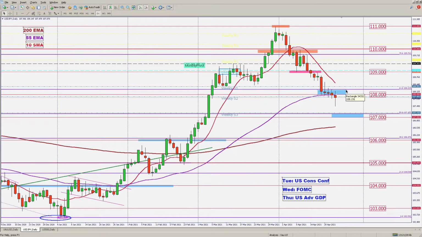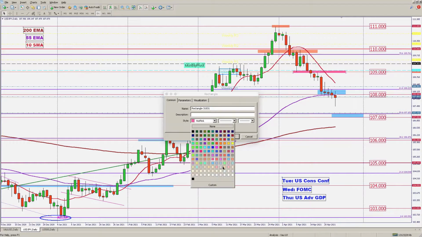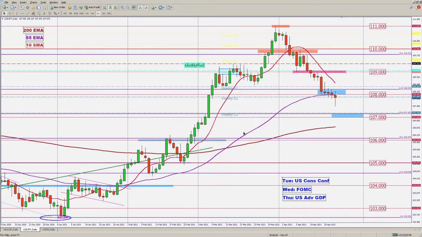So we'll see if this turns into resistance, and this started from the 109, and that will be resistance now.